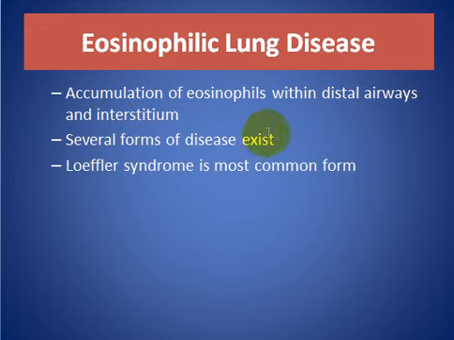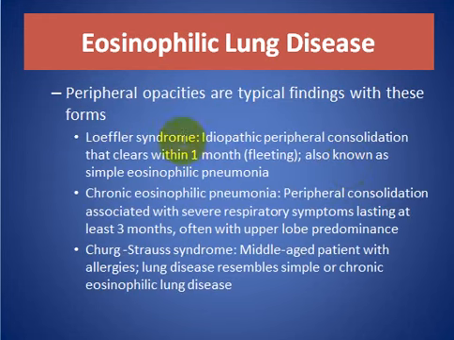Several forms of the disease exist. Loeffler syndrome is the most common form. Peripheral opacities are a typical finding with these forms. Loeffler syndrome is idiopathic peripheral consolidation that clears within 1 month. It is a fleeting airspace shadowing, and it is known as simple eosinophilic pneumonia.